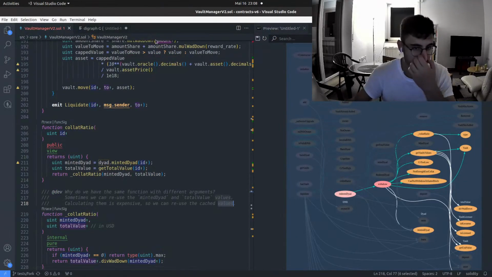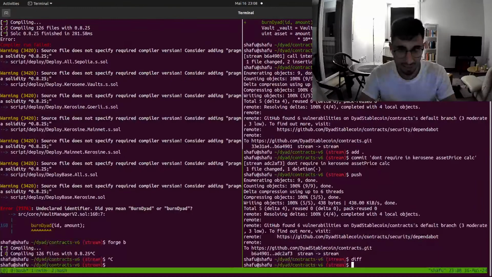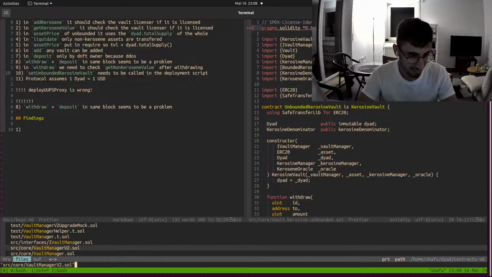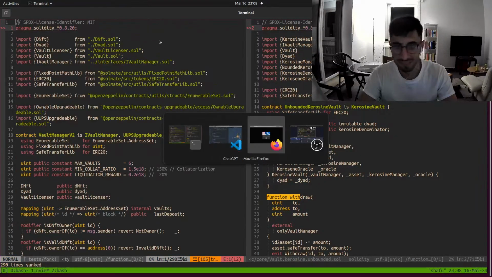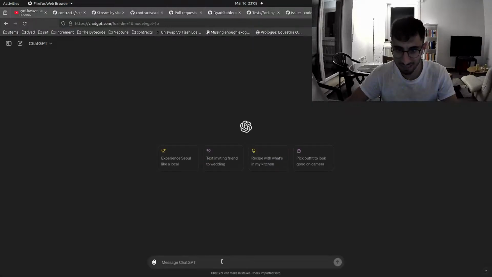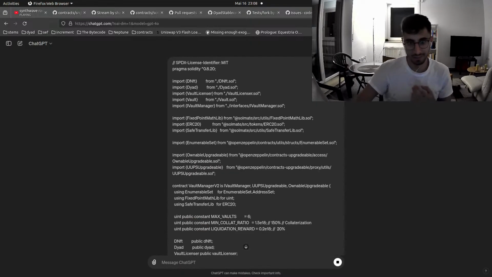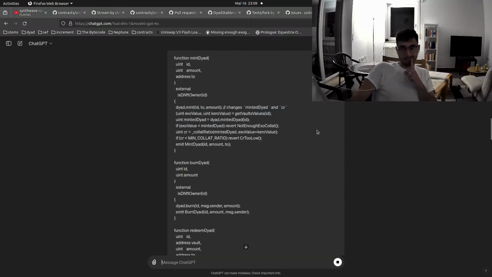Let's ask ChatGPT. Let's see what ChatGPT can tell us about this. Is there a potential issue with making a withdrawal and a deposit in the same block? Let's see. They updated their user interface, right?